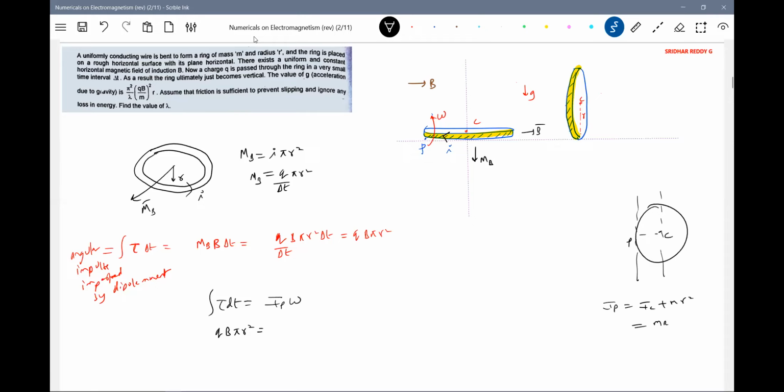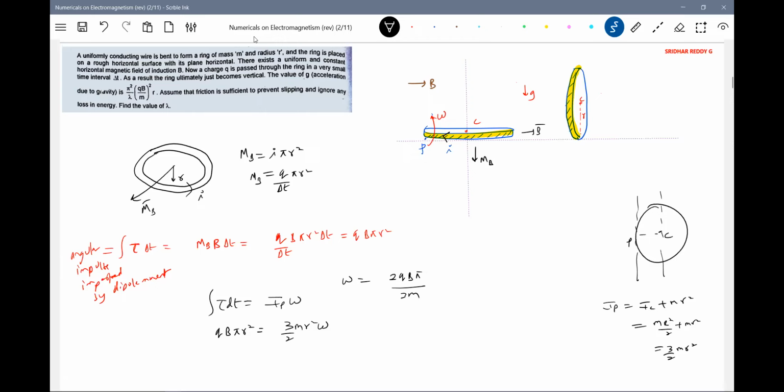So this will be mr square by 2 plus mr square, so 3 by 2 mr square. So this will become 3 by 2 mr square into omega. I'll get the omega value: 2qb pi r square cancels by 3m.